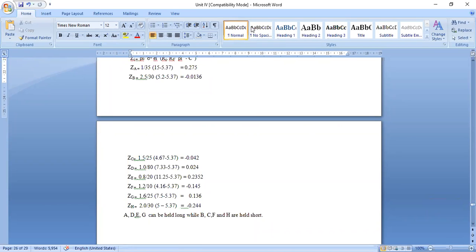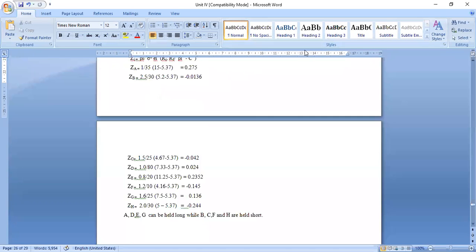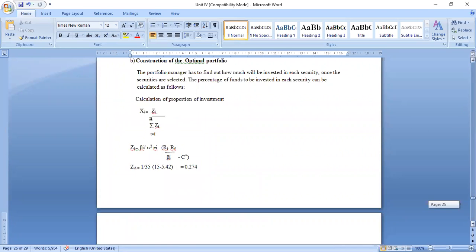So just quickly put that into the chat box if I can move ahead, or if you have not understood the concept, then I will repeat what is the difference in calculating the Sharpe's optimal portfolio without short sales and with short sales. Okay, I will just repeat it once again.